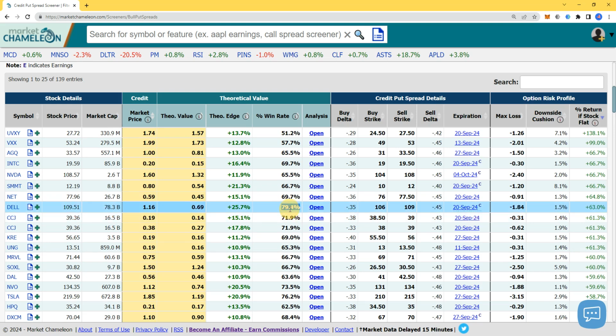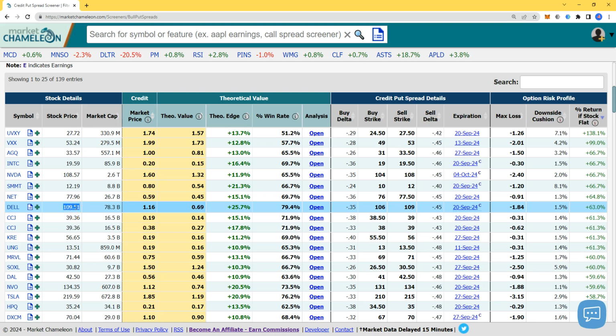You got almost 80% chance of a win rate for September 20, 63% return on your money if the stock doesn't go anywhere, and your max loss is 184, collect 116, basically, compared to $70, which is like 40% more. This is your edge.